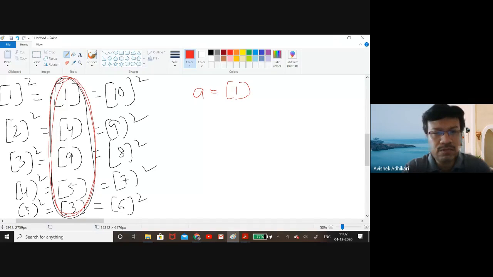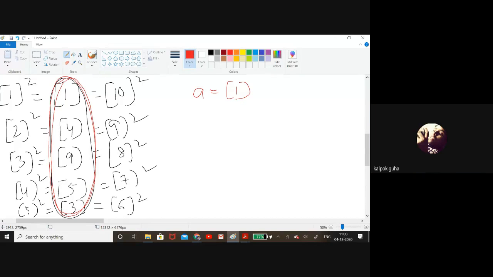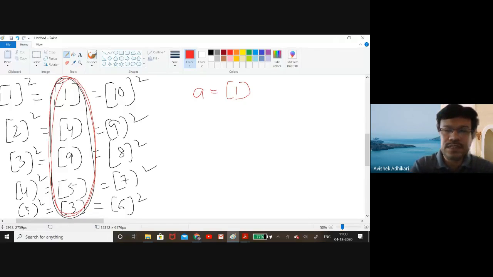What are the square roots of class 1? Can somebody tell me? Class 1 and class 10. Exactly. So if I consider A to be class 1, then certainly you find that these are the square roots.